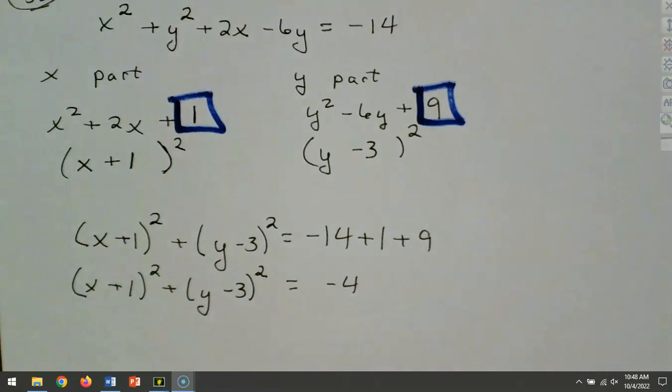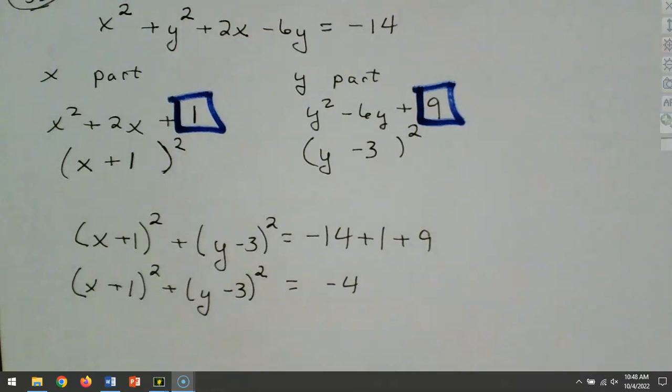Sorry, let me say it right. When I take the square root of that negative 4, it becomes a 2i, right? We can't have an imaginary radius. So this one is going to be non-existent.